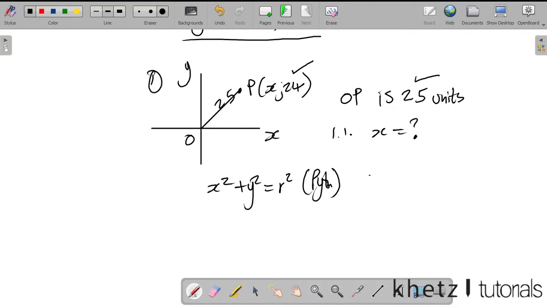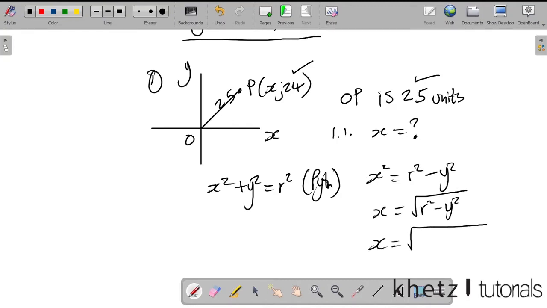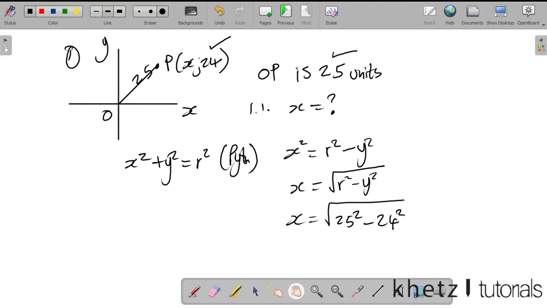So x squared is equal to r squared subtract y squared, which means x is the square root of r squared subtract y squared. Substituting actual values gives us 25 squared subtract 24 squared, and the answer we expect is 7. So x should be 7. That is your answer for the first question.